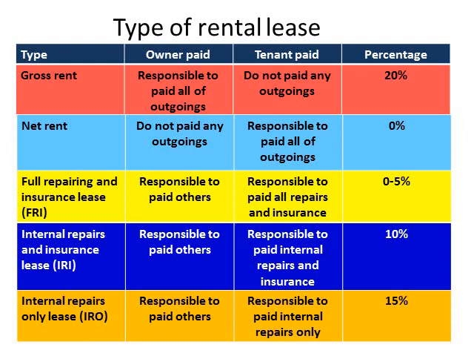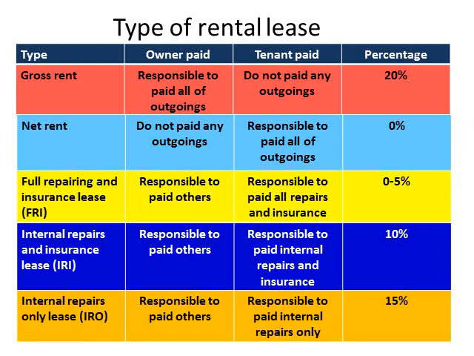FRI is between 0 to 5%, because some theories mention that FRI is similar to net rent, so that's why it is 0%. And some theories mention that it is 5% because it is not covering others, other than full repairs and insurance. So the balance will be paid by the owner.